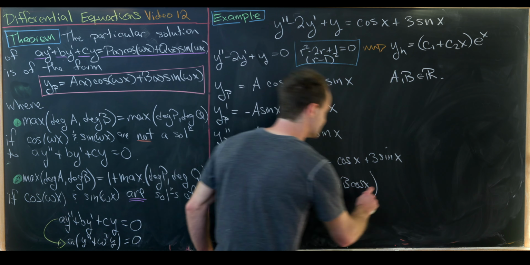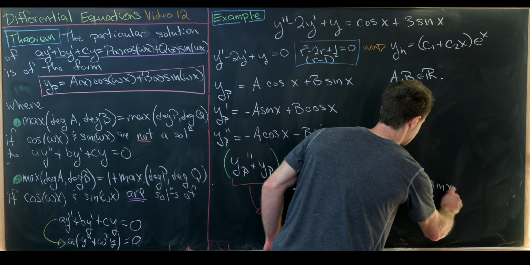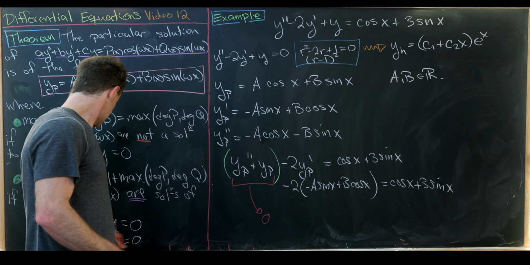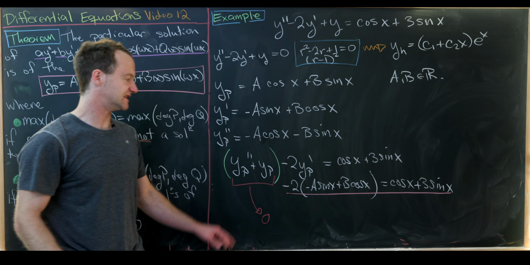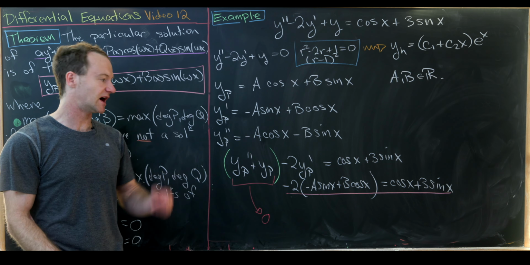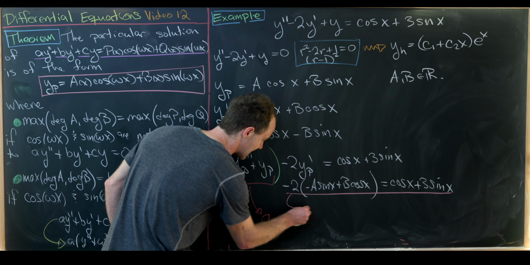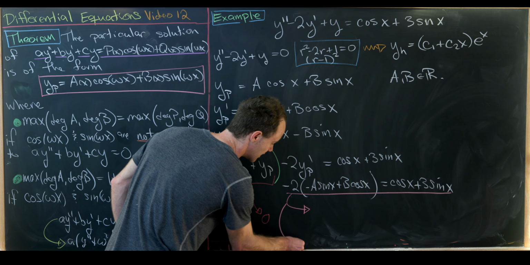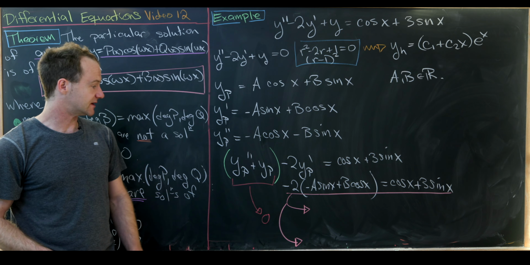And like I said, we need that to be equal to cosine of x plus 3 times sine of x. Now let's maybe underline this equation in pink, and what we want to do is extract the coefficients of sine and the coefficients of cosine from this equation. And that's using the fact that sine and cosine are linearly independent functions, which you can check with the Wronskian.